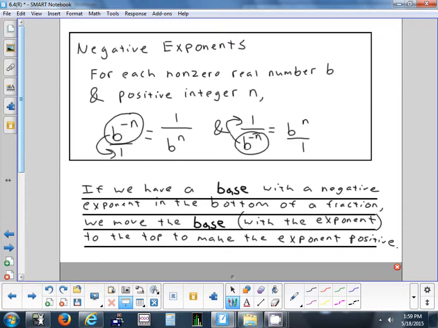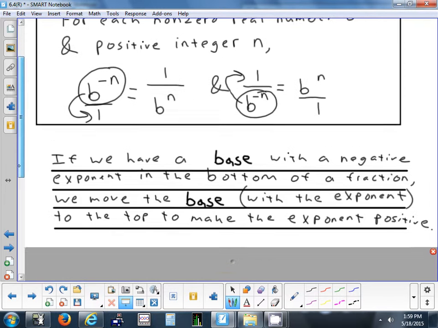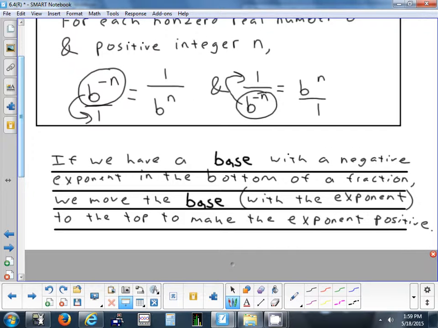So this one says if you've got a base with a negative exponent in the bottom, move it to the top. Once you move it to the top, that's going to make the exponent positive. On your sheet, it says negative exponent in the bottom, move base with exponent to the, how would you fill in that blank? Top.